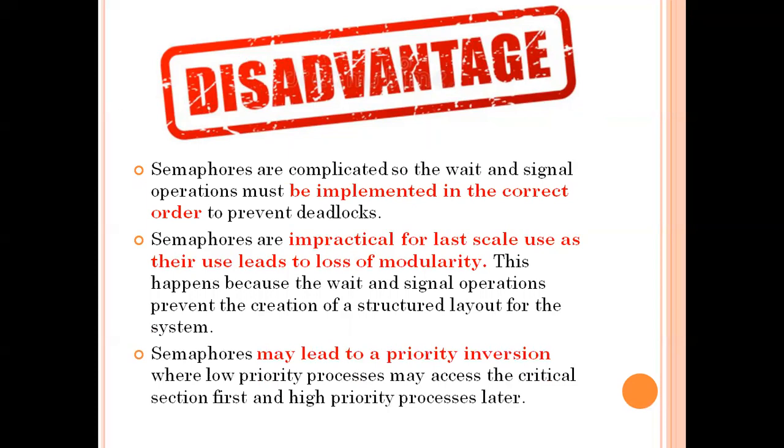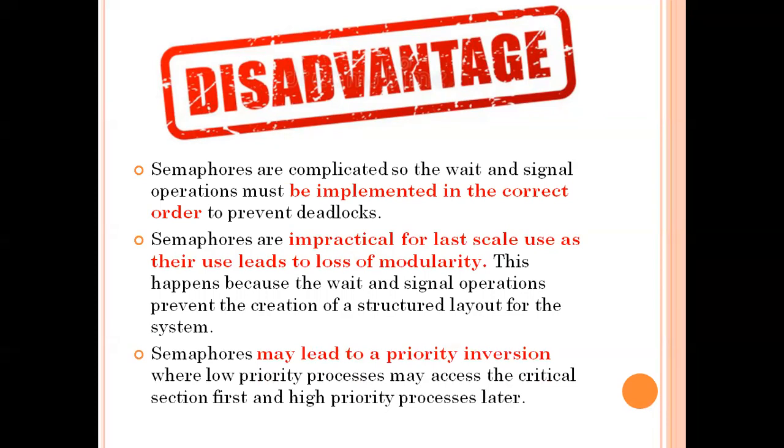Now, last is semaphores may lead to priority inversion. See, semaphores are just concerned with the semaphore value. So even a low priority process can enter earlier than a higher priority process, because it depends only on the semaphore value. If the low priority process gets the semaphore value which is greater than 0, non-zero value, it will enter.